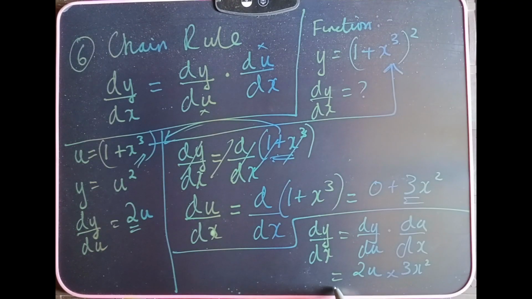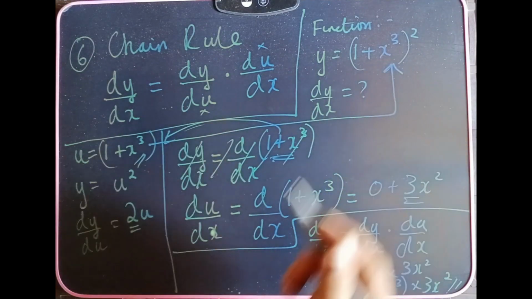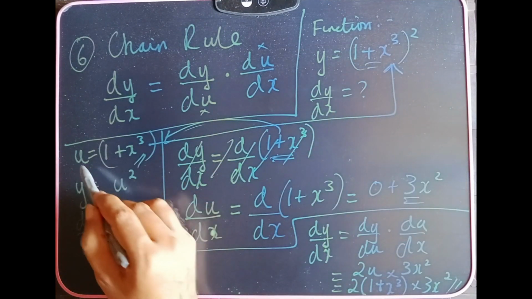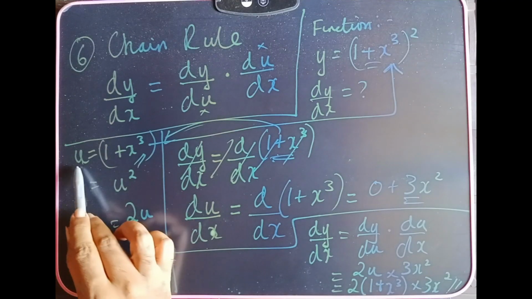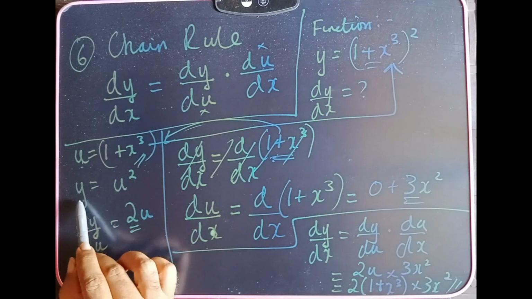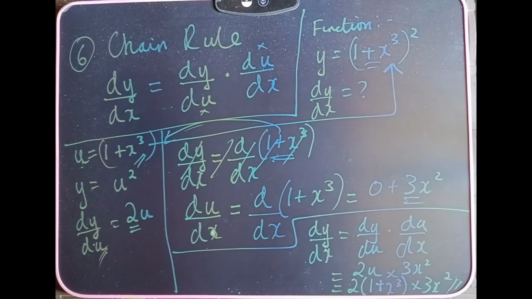And u I can replace, so I get 2 times (1 plus x cube) multiplied by 3x square. This is your answer. So this is how you can use the chain rule. If you find it difficult, you can replace this expression with u, then find dy by du, and then do du by dx. Okay, this is the chain rule.